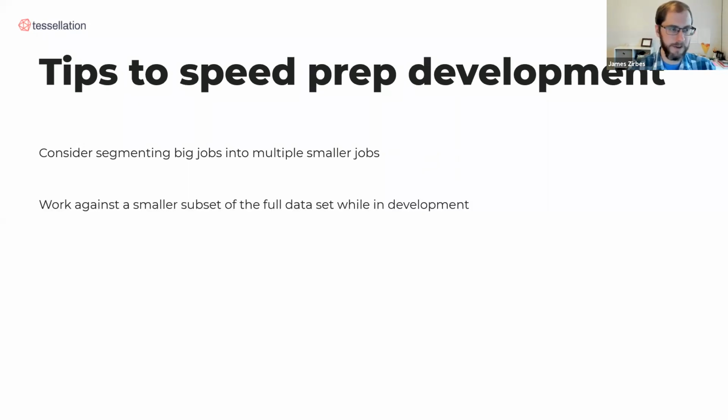This one is just a really good general best practice when you're developing workflows: work against a subset of the data. If you've got a table with 40 million records, you probably don't need to pull all 40 million records in when you are working with things. You probably just need a subset of that.